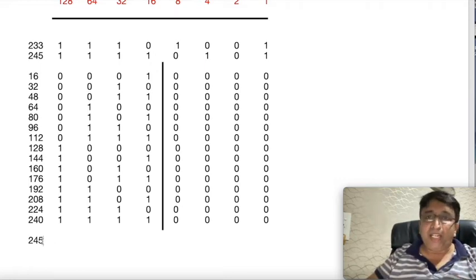So when I get any number, let's say this 245, what I am supposed to remember is the previous number amongst multiples of 16, out of this chart. So for 245, the previous number is 240. For 240, I already know that the first nibble is 1111. I can simply write it down directly over here. This is 240, so I don't have to calculate it again.